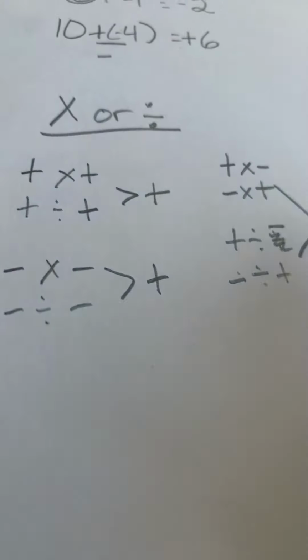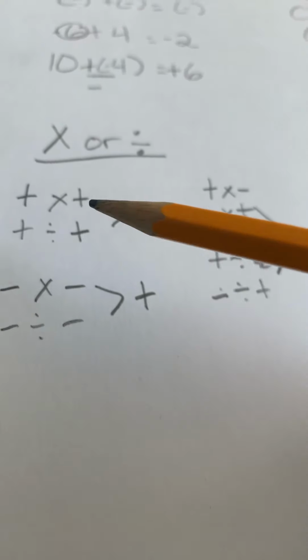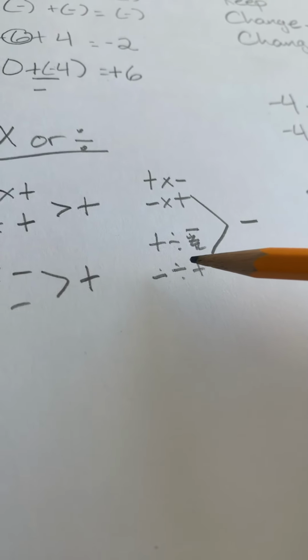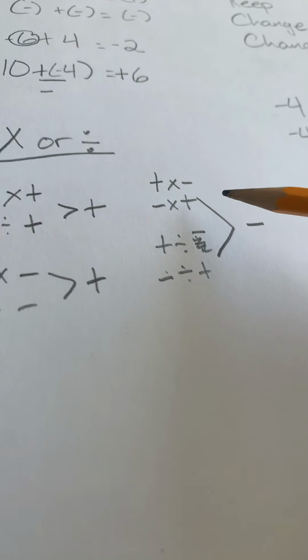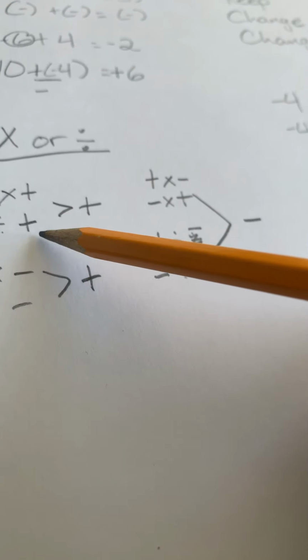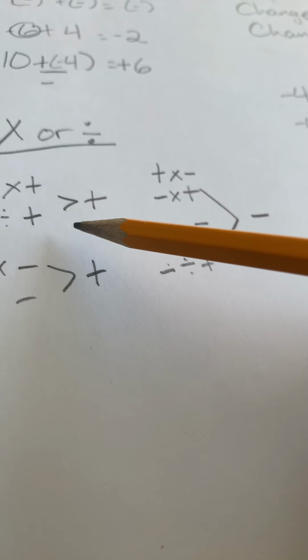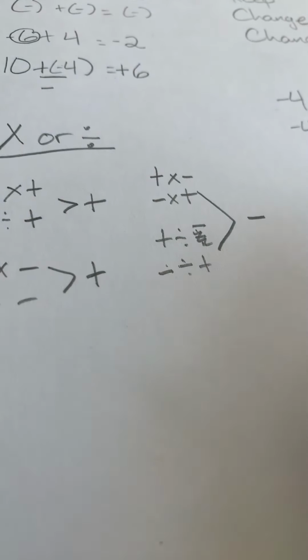Okay. If the signs are the same, it's going to be positive. If the signs are different, it's going to be negative. Signs are different, negative, sorry. Signs the same, positive. Okay.